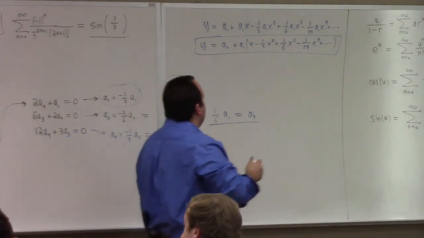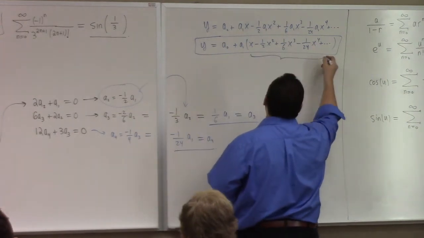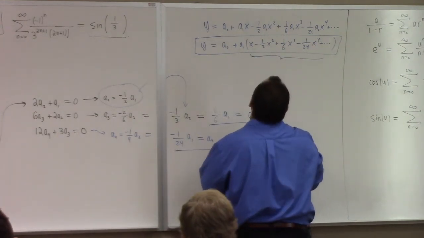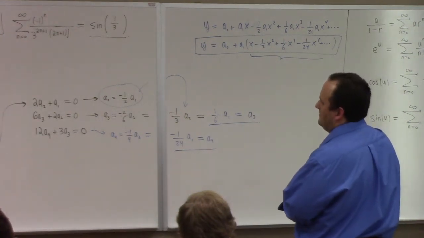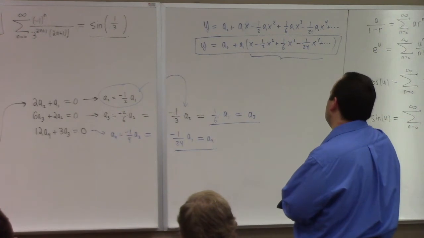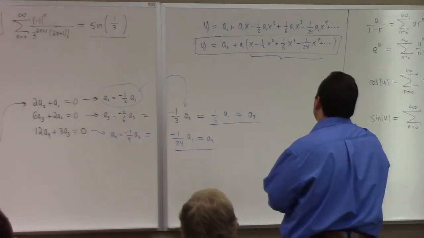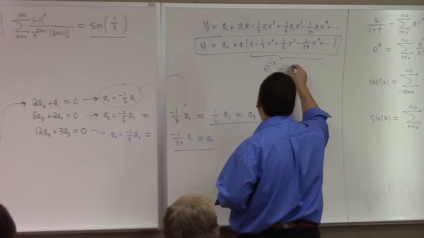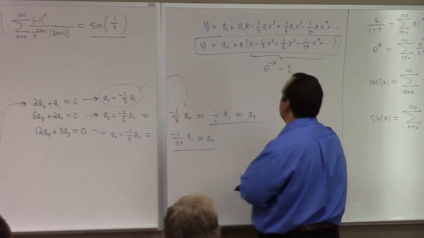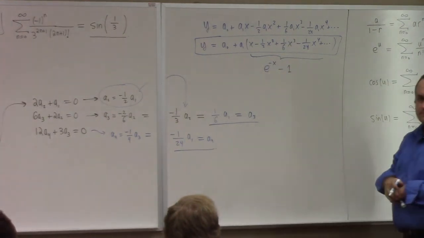Oh, yeah. Thank you. Very good. The first term split off. The one split off. So not quite. Oh, right. So this would be e to the minus x minus 1, right? Yeah. Kind of funny.